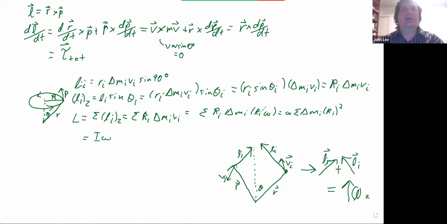No matter what radius you are, what you care about is how far perpendicular to the axis of rotation it is. So, in order to find the velocity of the particle moving in a circle.